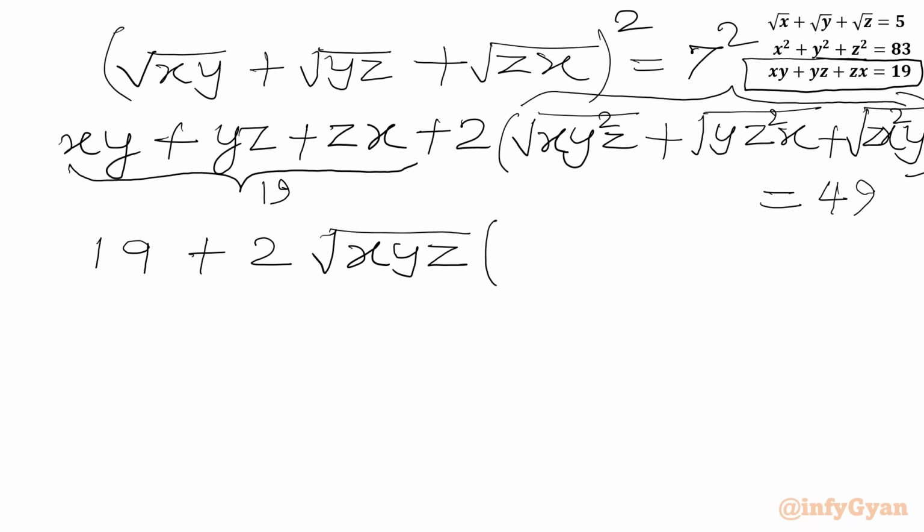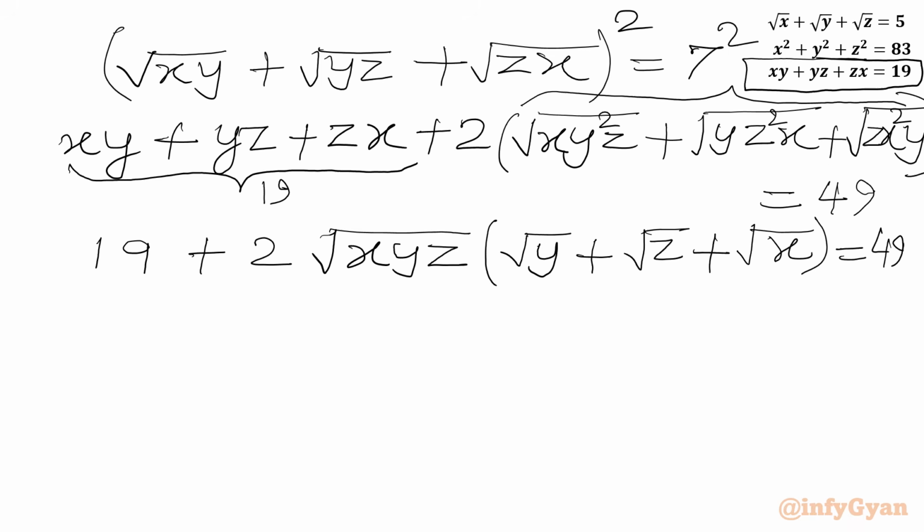So in the bracket, we need to write square root y plus square root z plus square root x. And RHS is 49. Now this is our equation number 1, value is 5. So from here we will calculate xyz. So let's subtract 19 from both the sides.